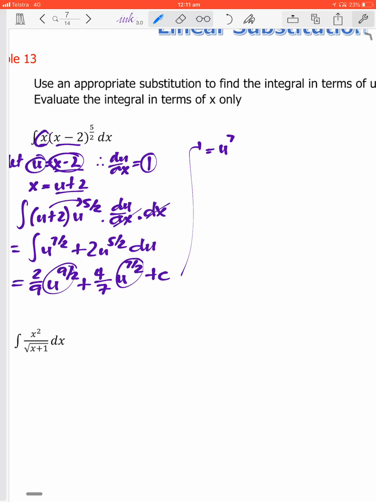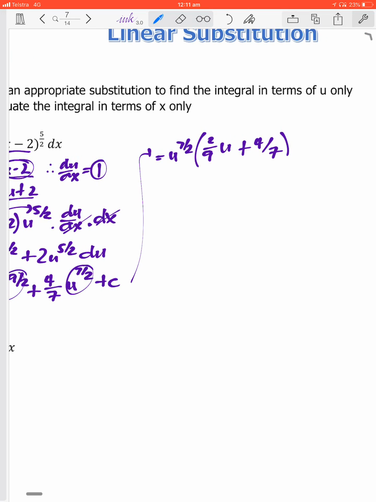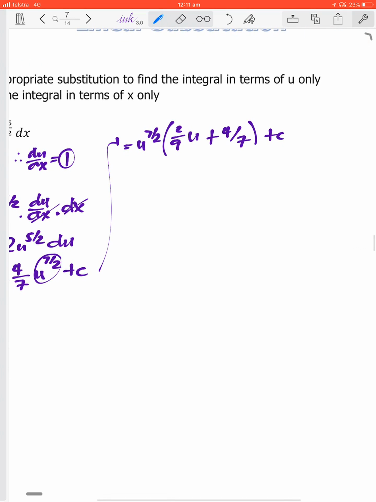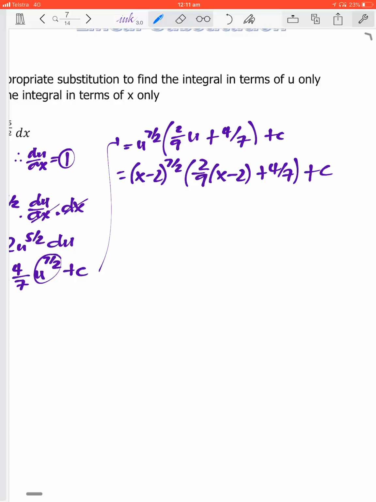What's left over is 2 on 9, u, plus 4 on 7, plus c, and we know u is x minus 2. So I'd have x minus 2 to the 7 on 2, times 2 on 9, x minus 2, plus 4 on 7, plus c.